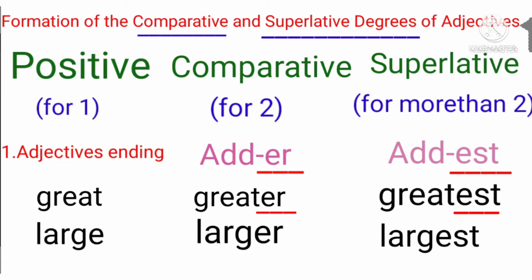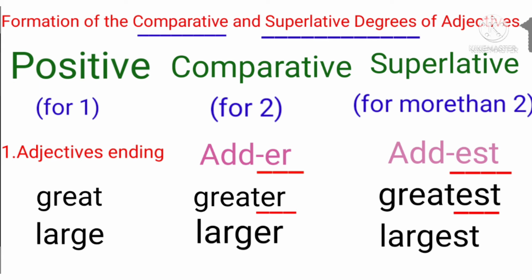So for comparison it became greater, and when you are comparing more than two things, in the superlative degree you have to add est at the end, and it will become greatest. I hope you are understanding this.